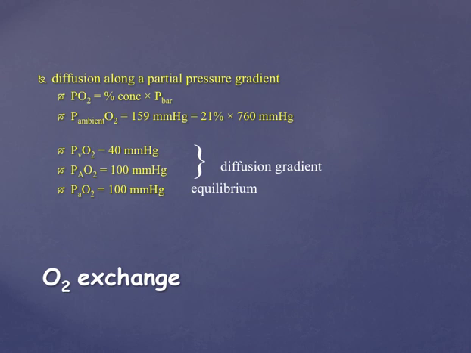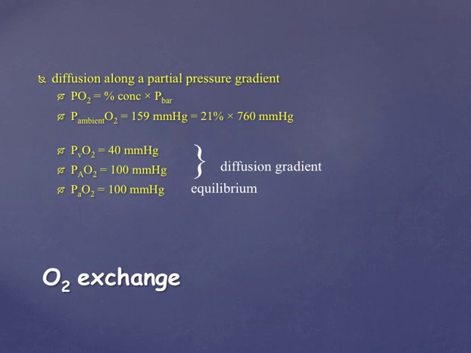2 things. First, blood returning to the lung has a partial pressure of 40. There's a very thin membrane between the capillary and the alveoli, where the partial pressure is 100. So we have a diffusion gradient or a partial pressure gradient.